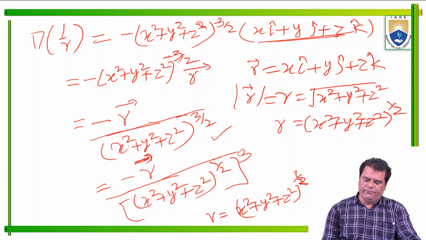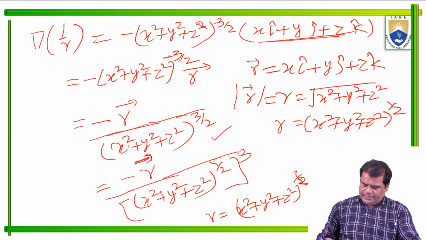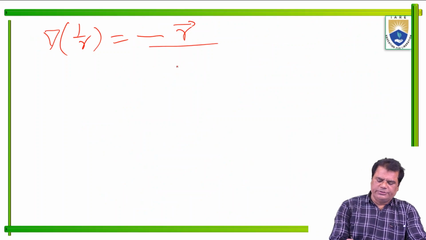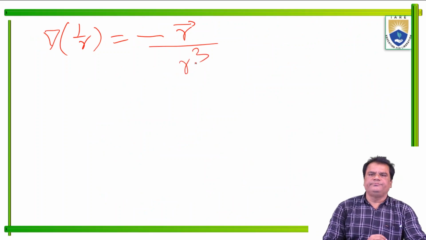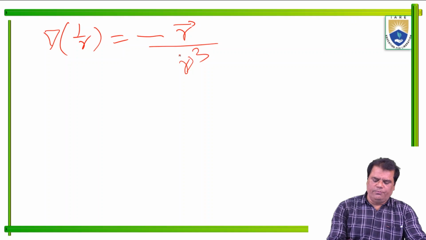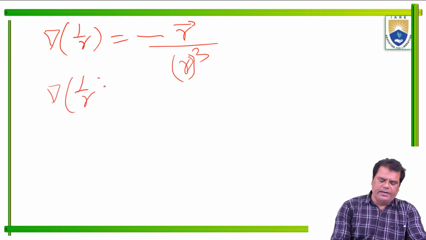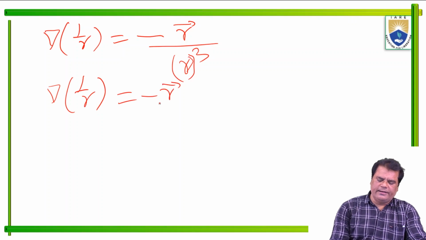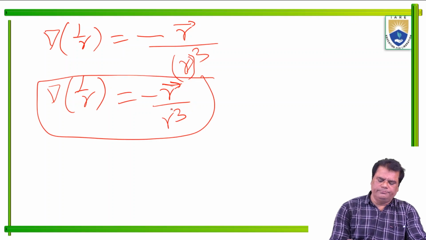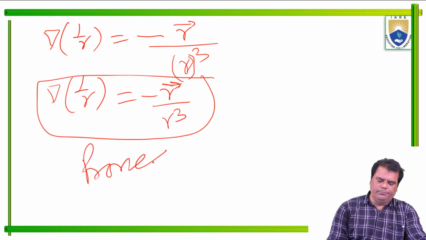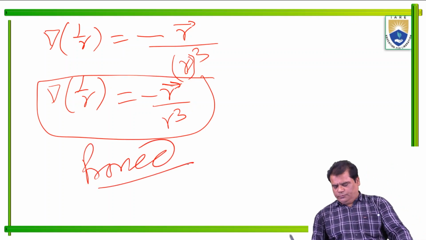So this is written as r, and now this is r whole cube. So del of 1 upon r equals minus r vector upon r cube. This is the proved problem.